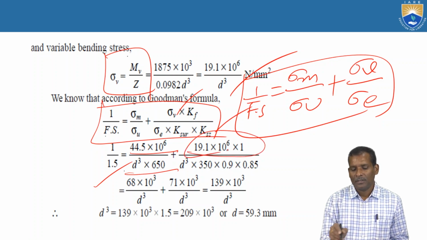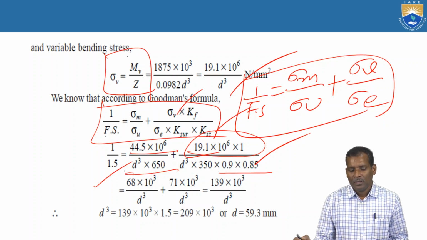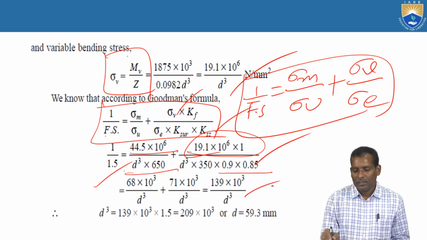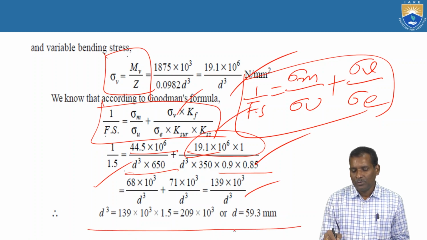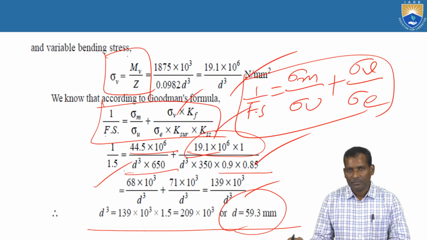Sigma v, variable stress, is equal to 19.1 into 10 to the power of 6, kf is 1, and surface finish factor and size factor you take 0.85 and 0.9 respectively. So finally, you will get the d value 59.3 according to Goodman formula.